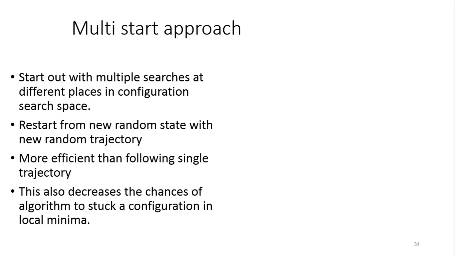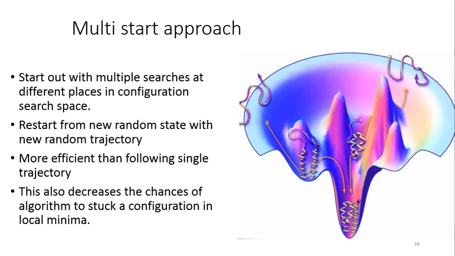We restart from a new random state with a new random path. Instead of following a single path to reach the global minimum, we begin with multiple starting points, maybe something like this.